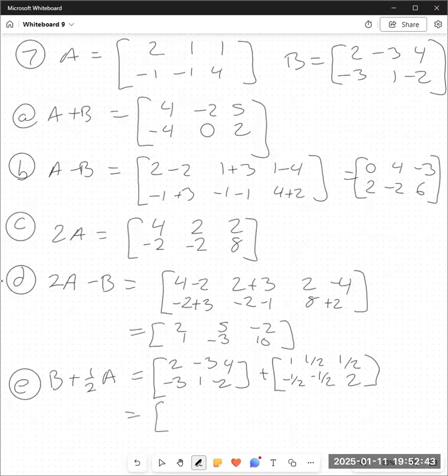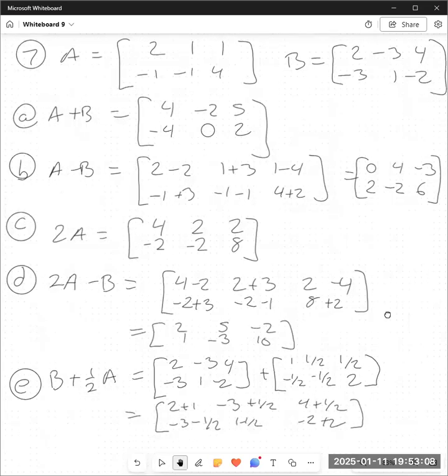So this is 2 plus 1, -3 plus 1/2, 4 plus 1/2, -3 minus 1/2, 1 minus 1/2, and -2 plus 2.